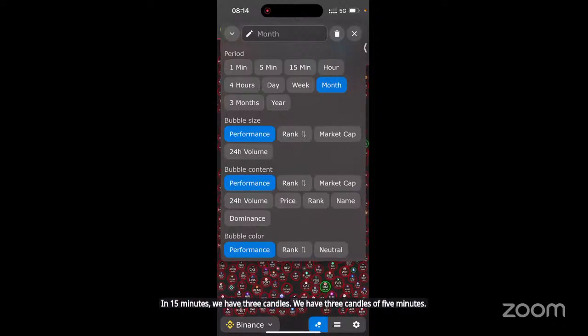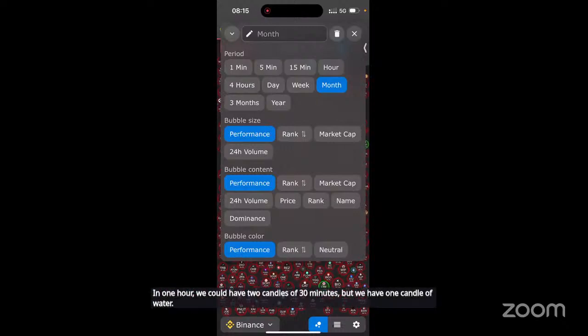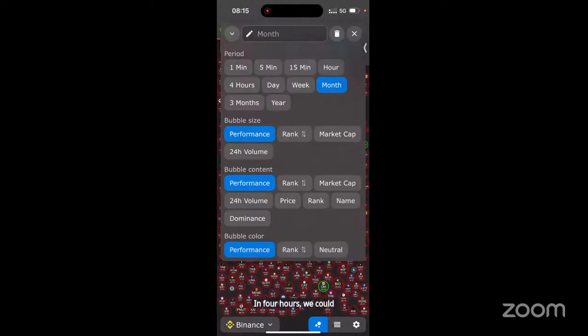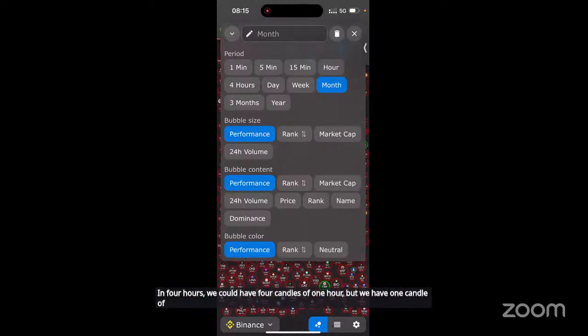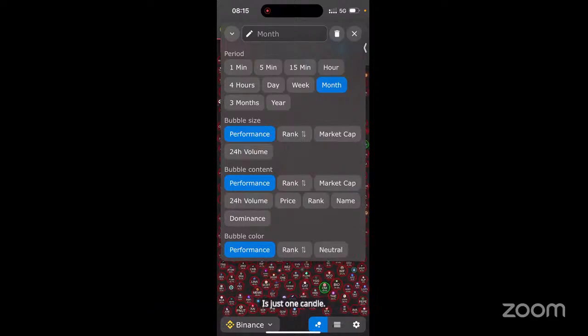In 1 hour, we could have 2 candles of 30 minutes, but we have one candle of 1 hour. In 4 hours, we could have 4 candles of 1 hour, but we have one candle of 4 hours. So one candle of 4 hours is just one candle. But when I go to 15 minutes, I would have several candles.